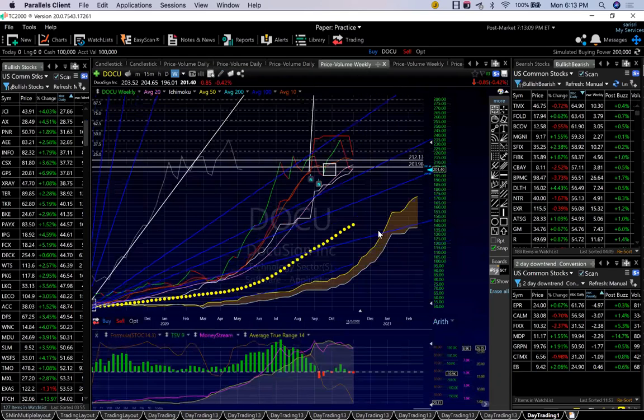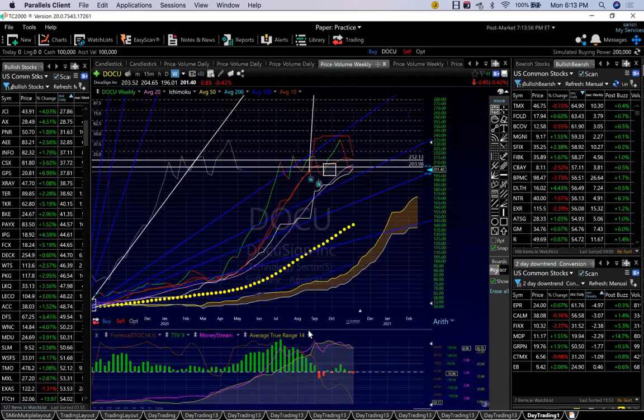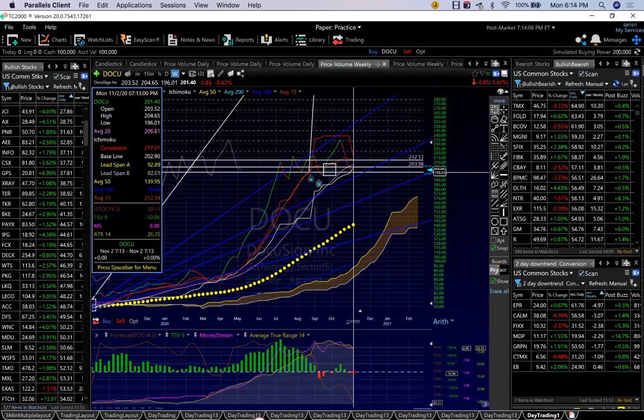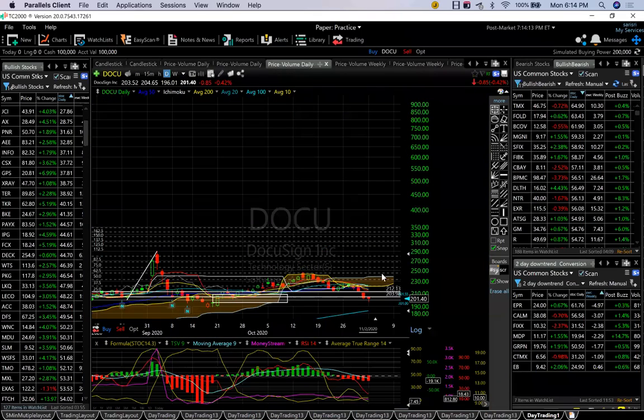On the weekly, it is still at a very low price because of the daily charts. But it is within the time frame, and we want to see if it breaks through this. All bets are off if this conversion goes below the baseline, and that's when you want to see whether this is going to happen or this is going to turn.